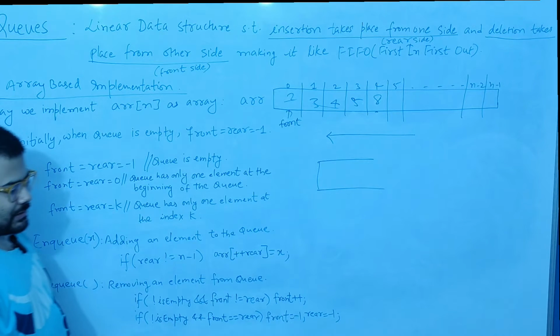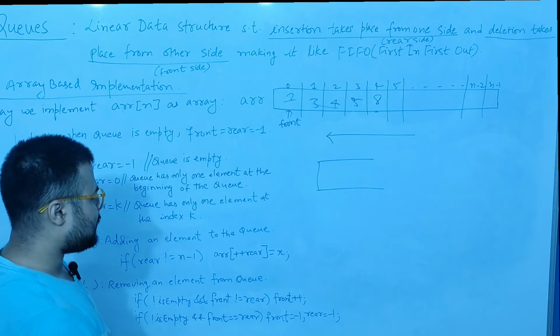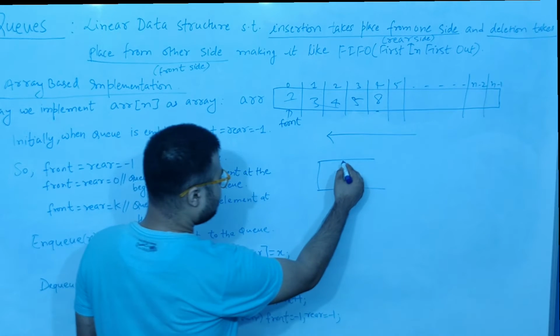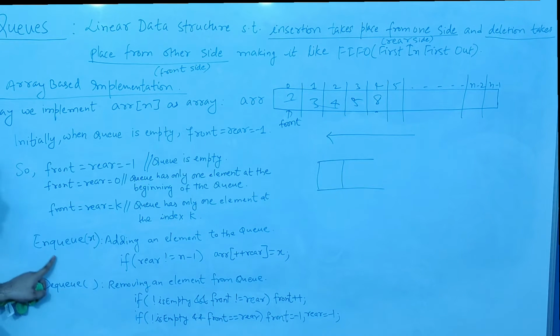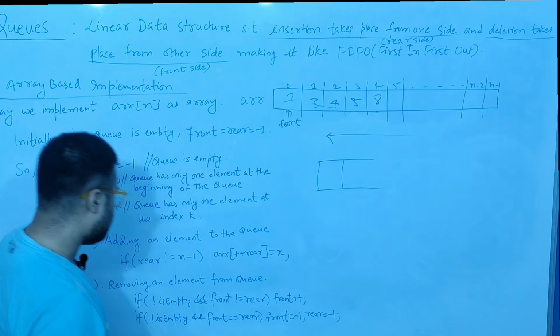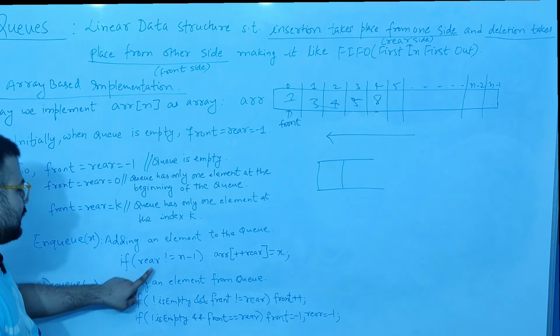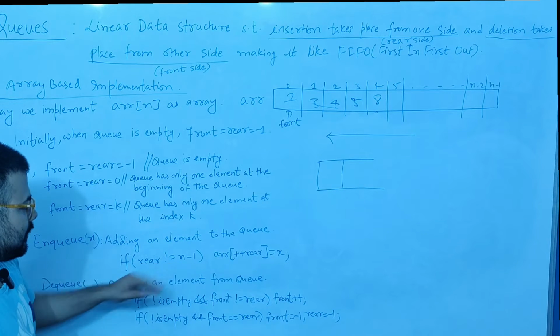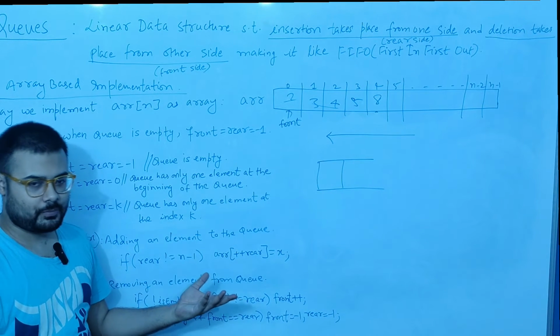Now let's say you add an element to it, you perform an enqueue operation. Enqueue means adding an element to the queue. So this is what you have to check: if you have to add an element, your queue must not already be full.